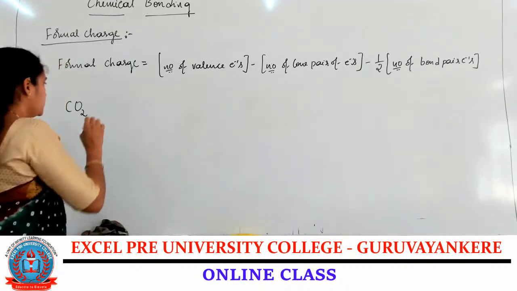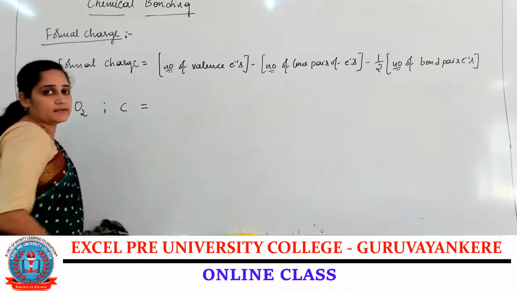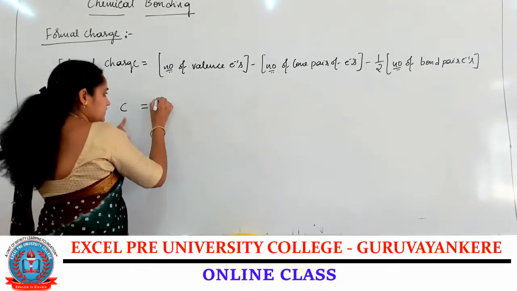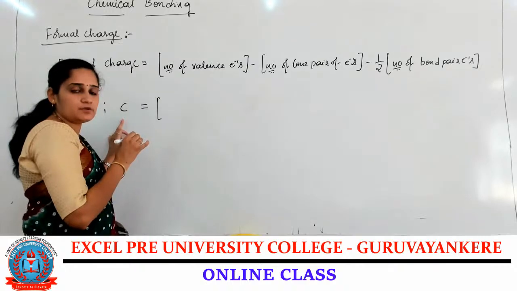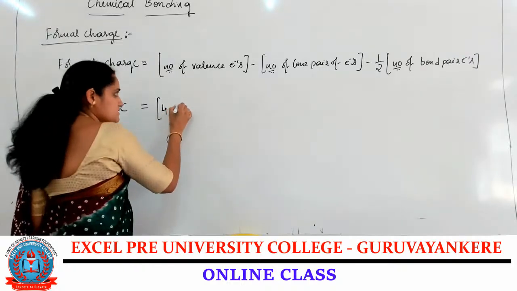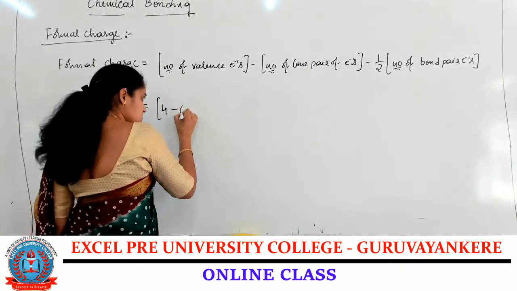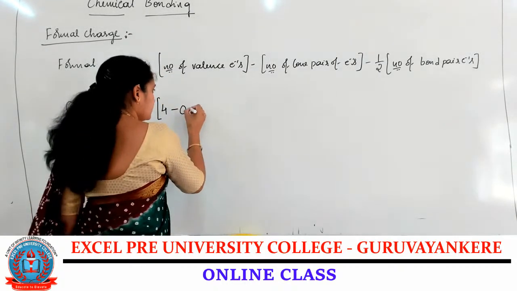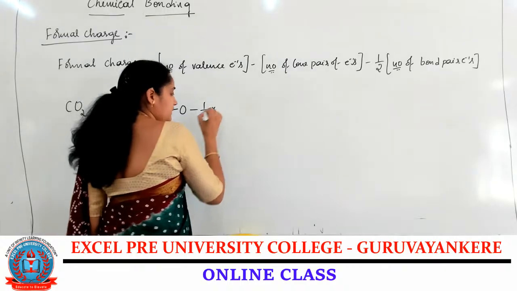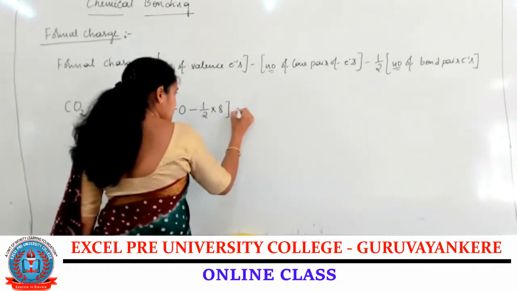According to the formula, first, calculating the formal charge on the carbon atom: number of valence electrons, how many are present? 4, minus number of lone pair of electrons, how many lone pairs are present? 0, minus half into number of bond pair electrons. 4 pairs are bond pairs, 4 pairs means 8 electrons. So it is equal to 0.